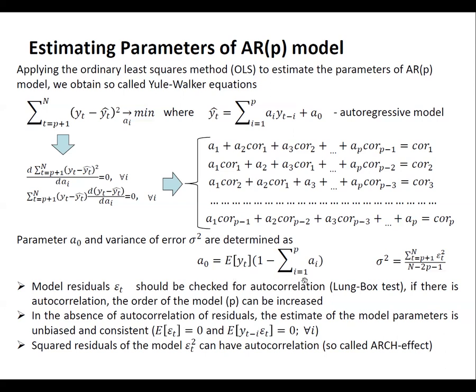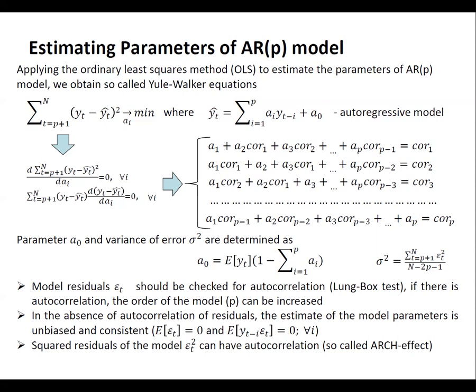These are autoregression coefficients determined from this equation. And this is the error variance. It is considered as a sample variance due to model error. So model error is our original observed values minus the model itself. Epsilon t squared is our squared model error.